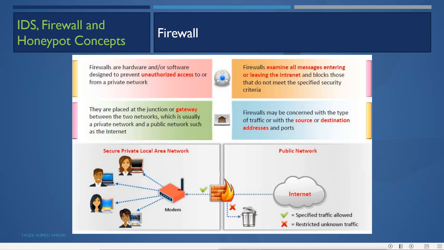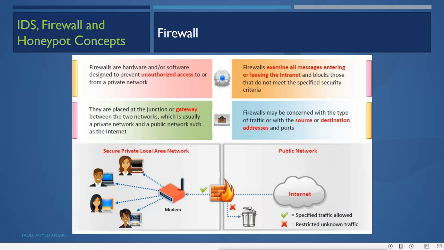It will examine all the messages entering and leaving our network, try to match the criteria which we create, and based on that criteria it will allow or deny the traffic. A firewall may be concerned with the type of traffic or with the source or destination address and port. Basically, firewalls only do traffic filtering based on the destination and source IP and port number.